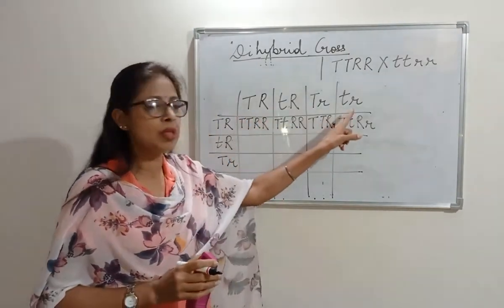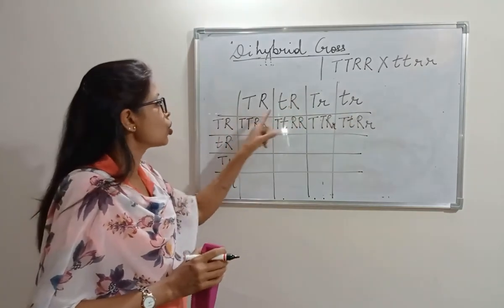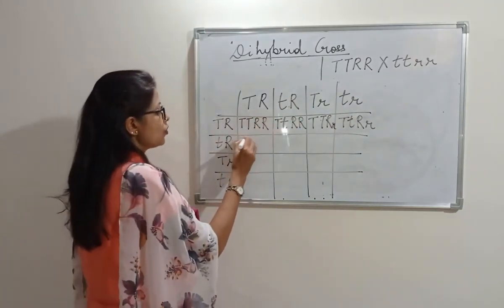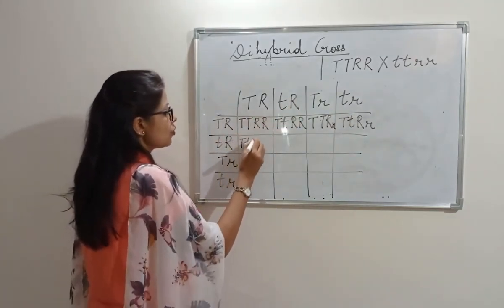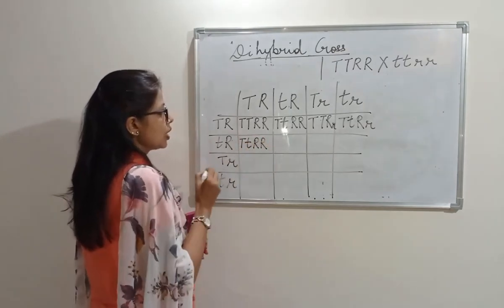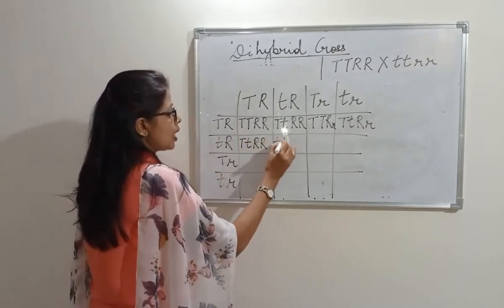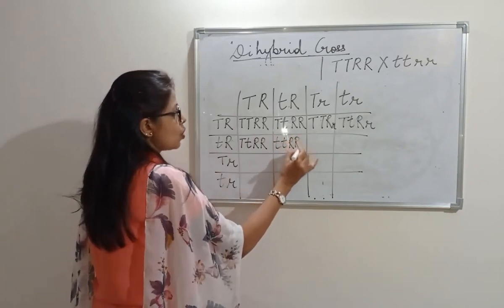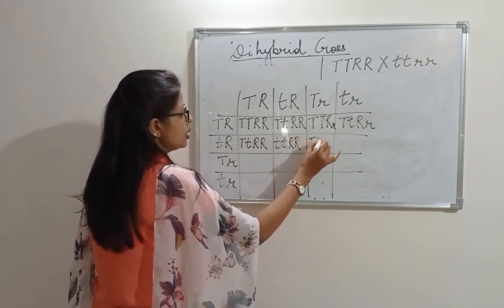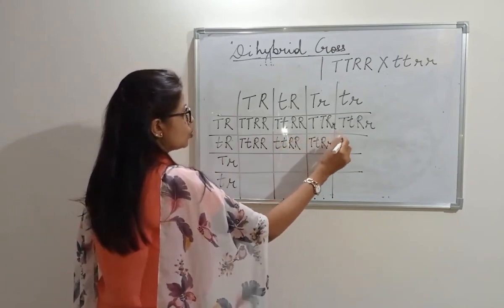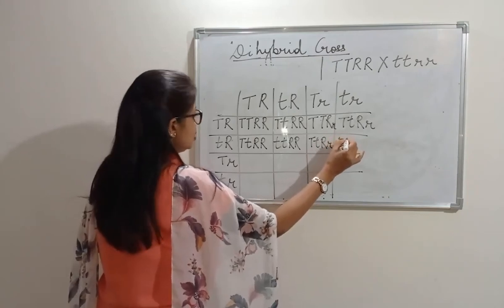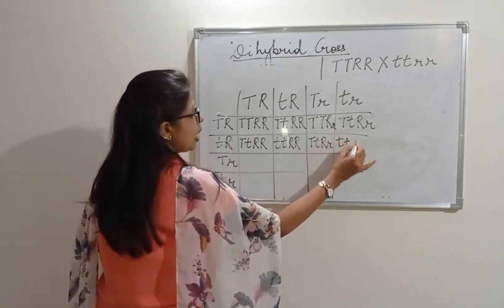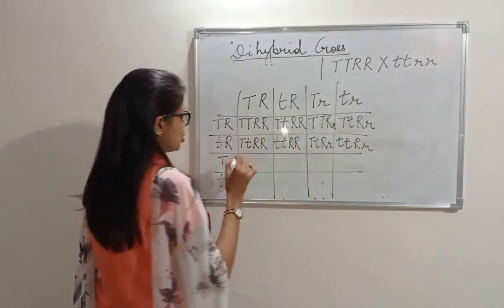Only make the gametes proper and cross it properly, for which there is no need of any rote learning. You just have to understand how it is solved and it will be done. So this is how we get the ratio in F2 generation.